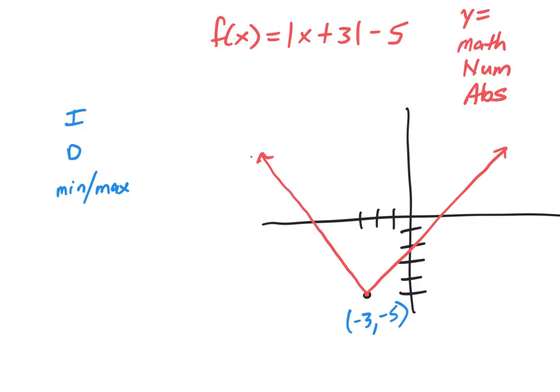So it's going to decrease from negative infinity to -3. And at this point it bounces and goes back up. So it's going to increase from -3 to positive infinity.